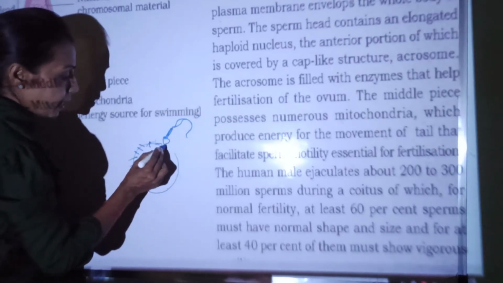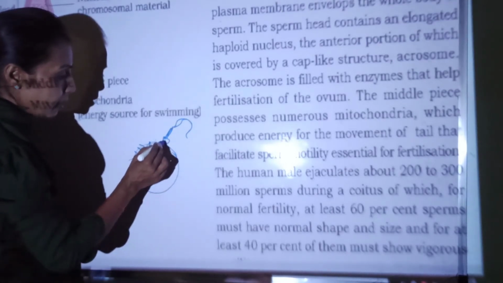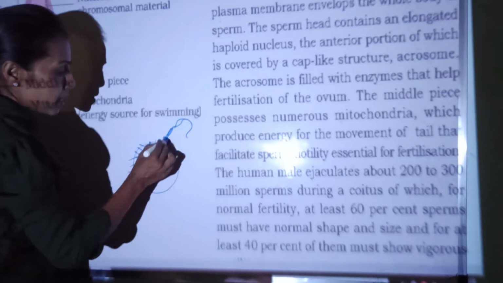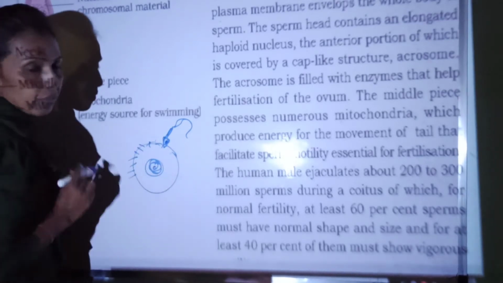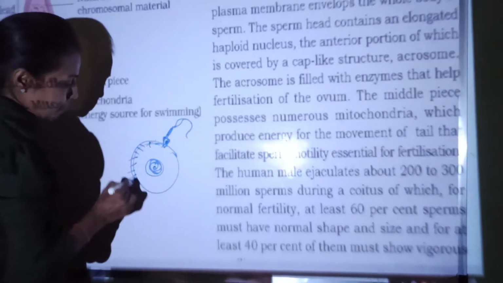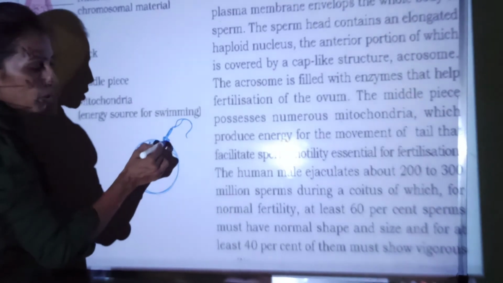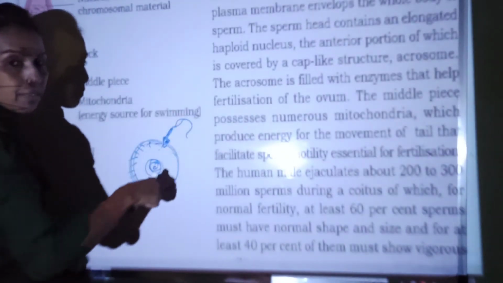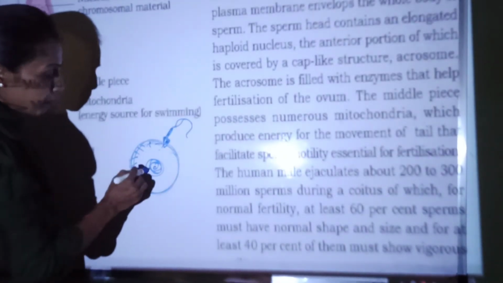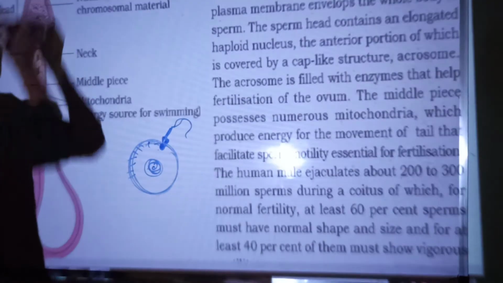it can enter inside, and the nucleus from the sperm's head can fuse with the nucleus of the female ovum. So the wall of the ovum needs to be dissolved, then only there will be entry for the sperm to get inside and fuse with the nucleus of the ovum. That is allowed only because of the presence of an important enzyme in the acrosome region.